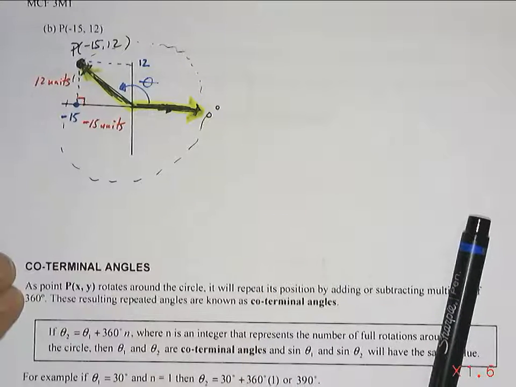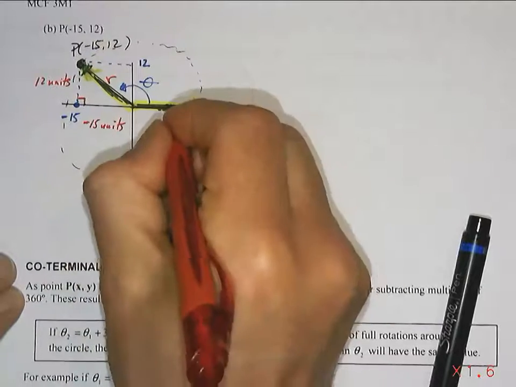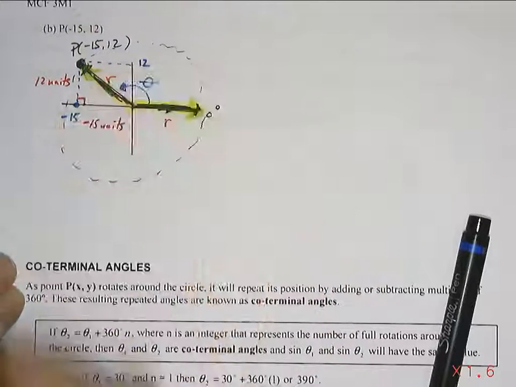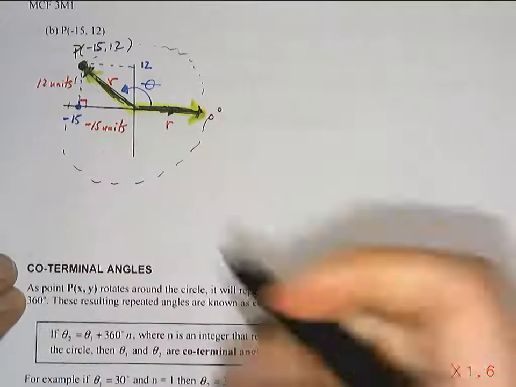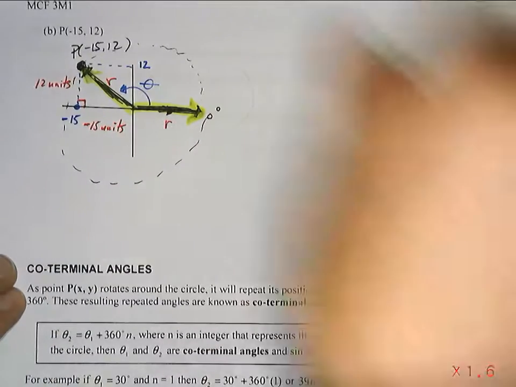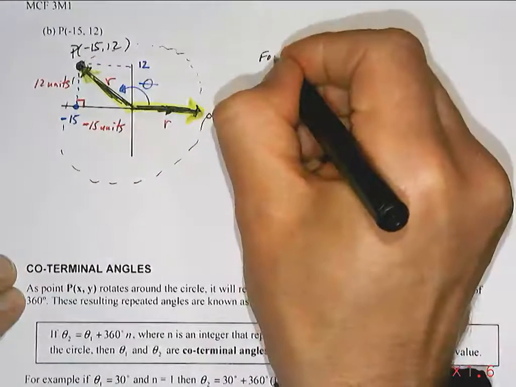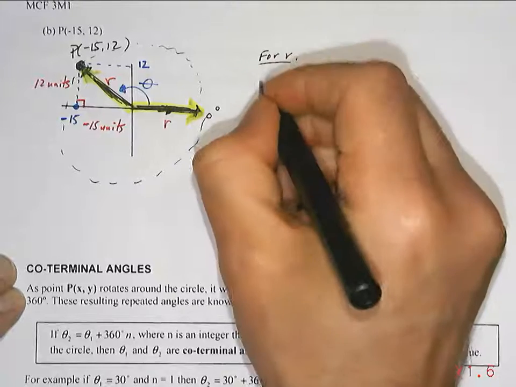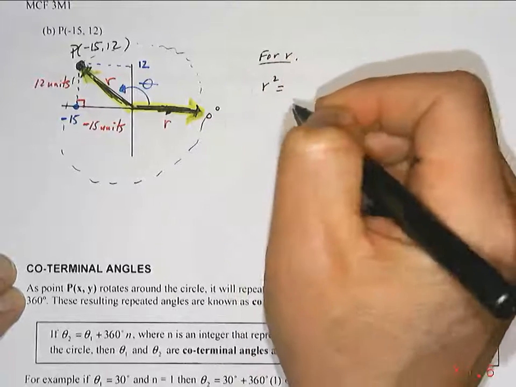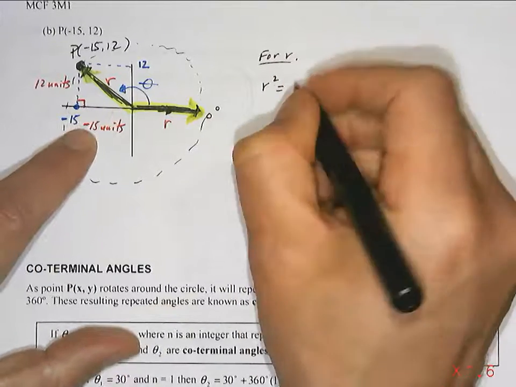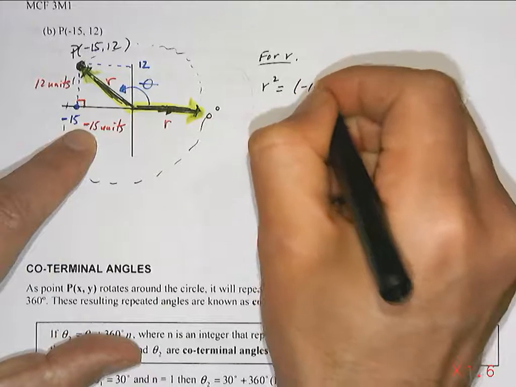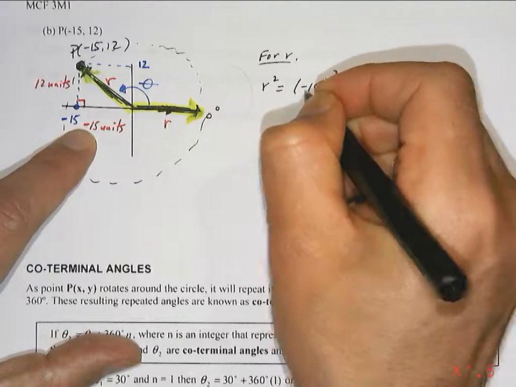Okay, so the question's actually asking for two things. It's asking for the radius, first of all. And this radius is the same here as it is here. So if I find out this radius, it will tell me this radius. To do that, I'm going to use Pythagorean theorem again. So for r, now, it's going to be radius squared equals this length. Now, it's negative 15 units, but when we square it, it's going to be positive, okay?